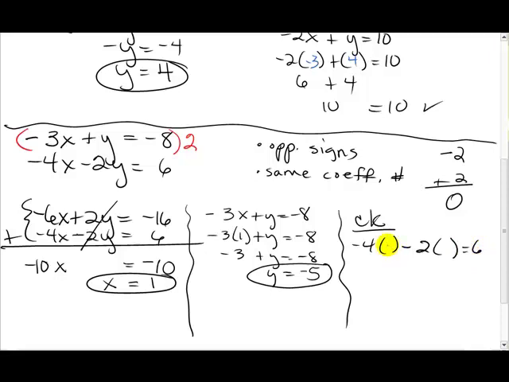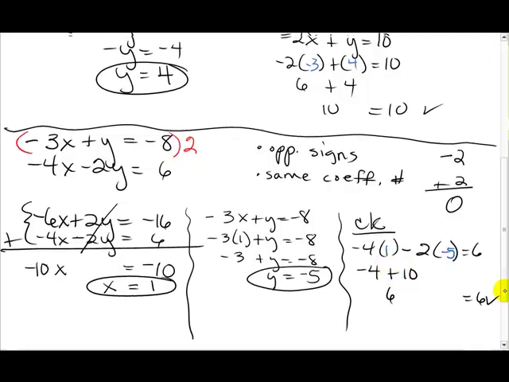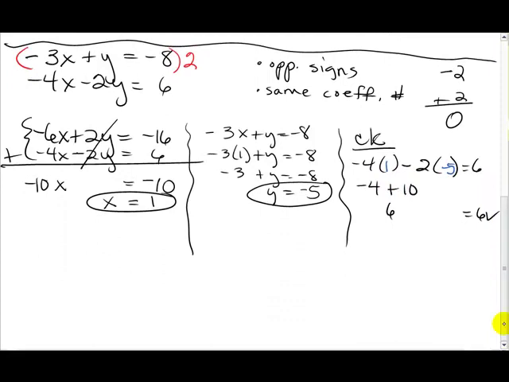Take and plug in 1 and a minus 5. Gives us a negative 4 plus 10, that's 6. And those do equal. Okay. I recommend that you take that extra little step to check this so that you won't make a mistake on the test and come up with a wrong answer because of a negative sign or something. So do check it.